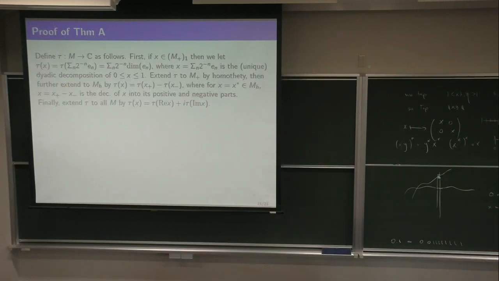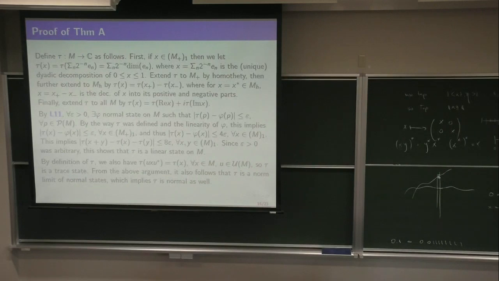Now, by lemma 11, the last one, we have that for any epsilon there exists a normal state with this property for all projections. You remember, this is what we showed.